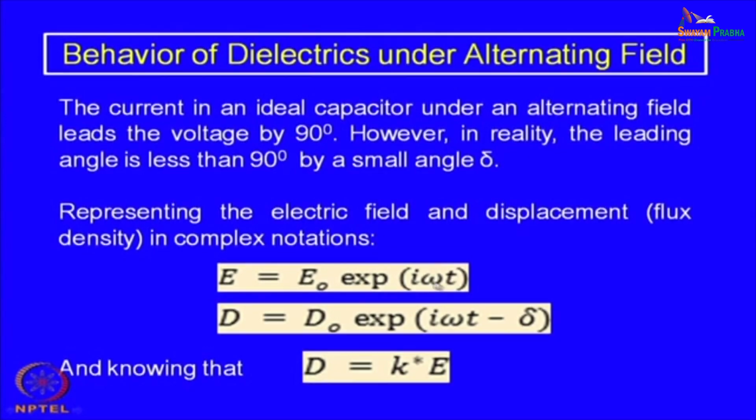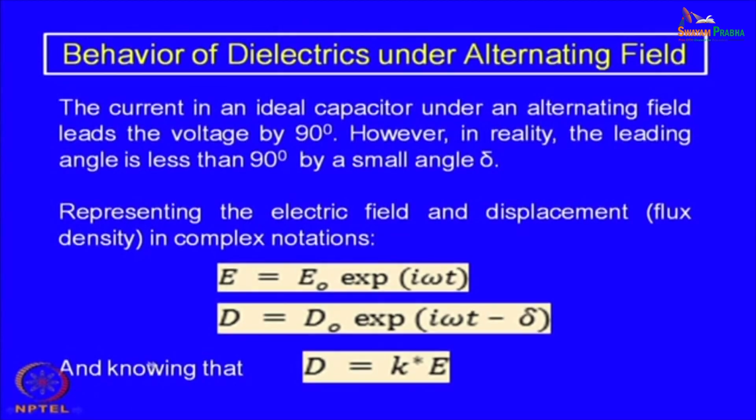Omega is the angular frequency, t is the time, and i is the imaginary quantity. And the corresponding displacement, the effect of the electric field or the induced flux density, is D equal to D0 exponential i omega t minus delta. So, this is a kind of the effect of voltage, that means the current.